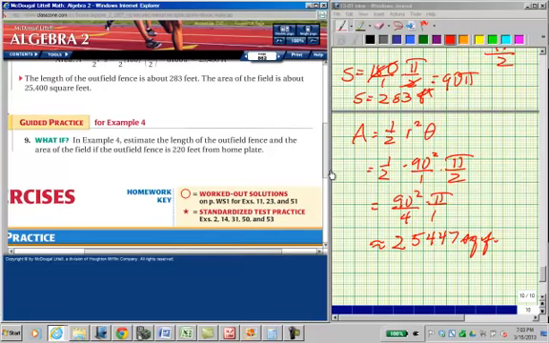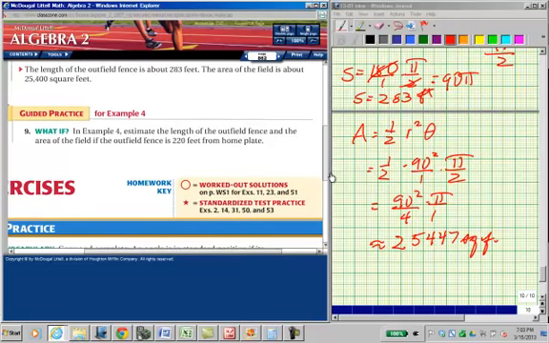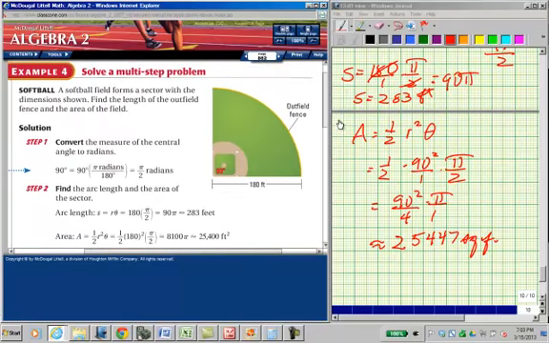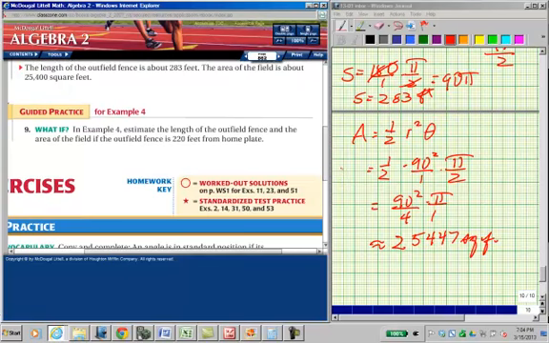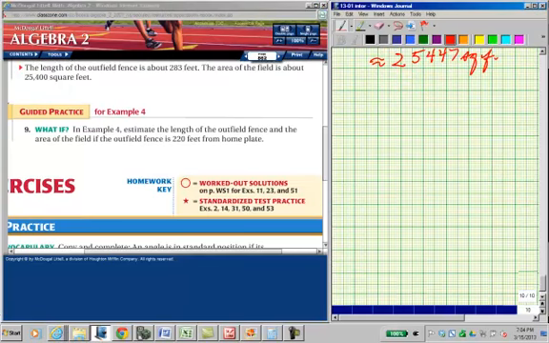All right. What if, an example 4, estimate the length of the outfield fence and the area of the field if the outfield fence is 220 feet from home field. So a bigger field, okay? So 220 feet. So R equals 220. So S equals R theta, which equals 220 over 1 times, still theta's the same, pi over 2.